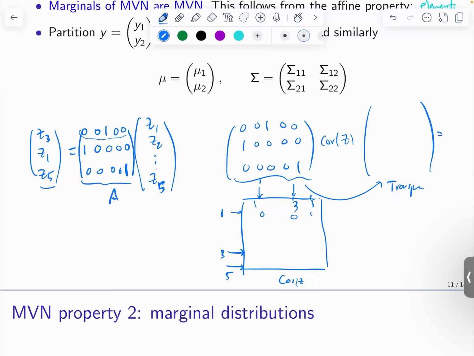The submatrix here and these rows, after a proper permutation, because we're just reordering things as well, would be the covariance matrix of that.